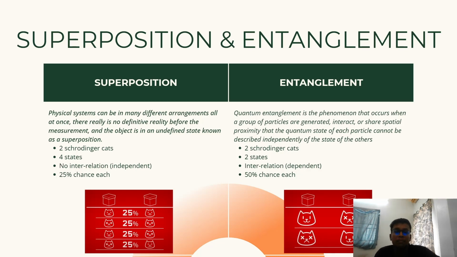Now, speaking about quantum entanglement. Quantum entanglement is the phenomenon that occurs when a group of particles are generated, interact, or share spatial proximity such that the quantum state of each particle cannot be described independently of the state of others. For example, I would take the story of two electrons. Let's say that these two electrons are generated in an environment and they are entangled quantumly.